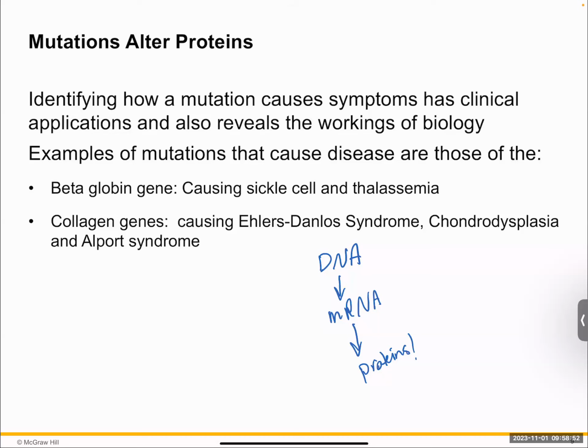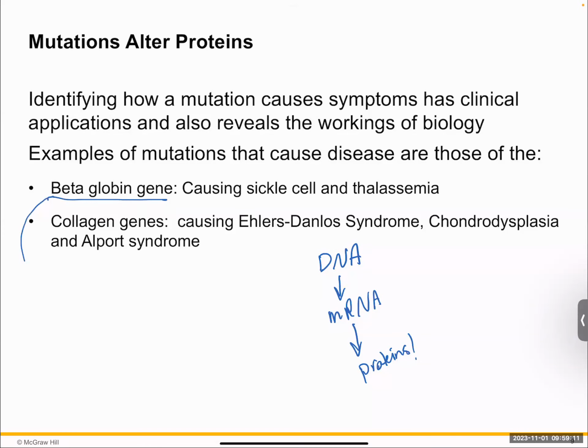Now, some examples of mutations that do cause disease, and this is very limited, there are literally hundreds of them, some very rare, some not so rare. But one of the more common ones I think people are aware of is associated with the beta globin gene.